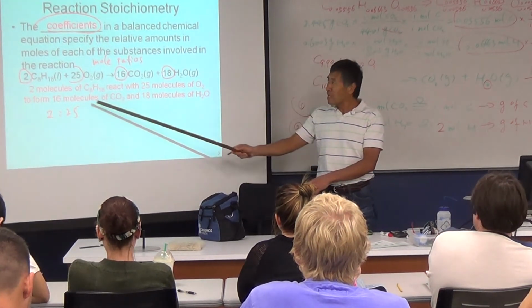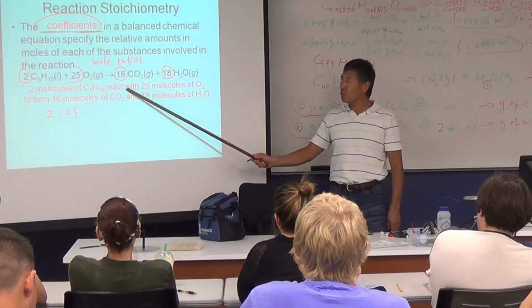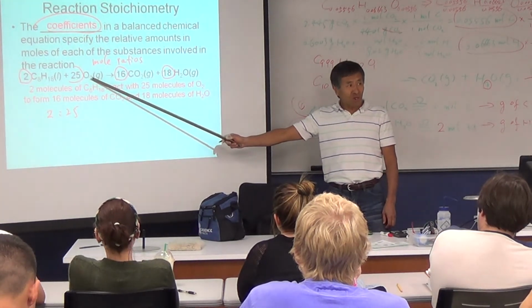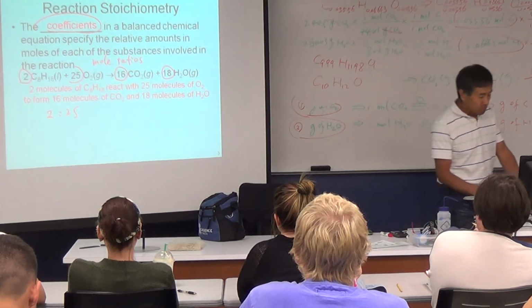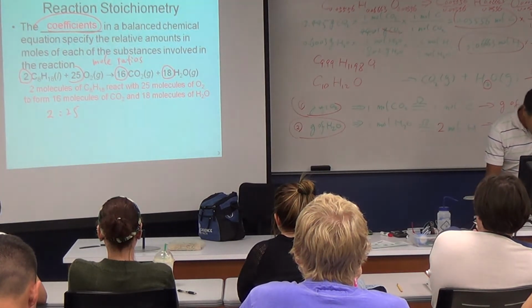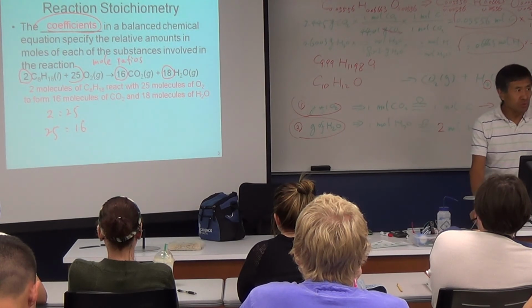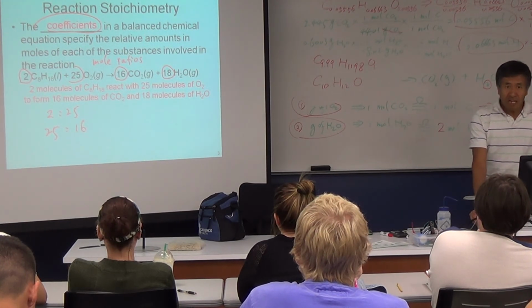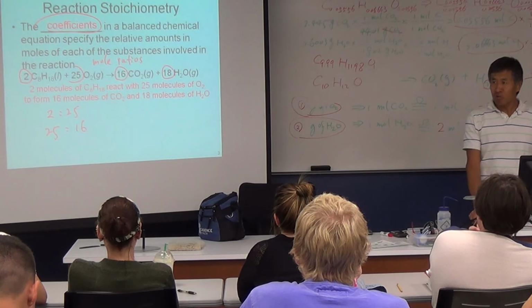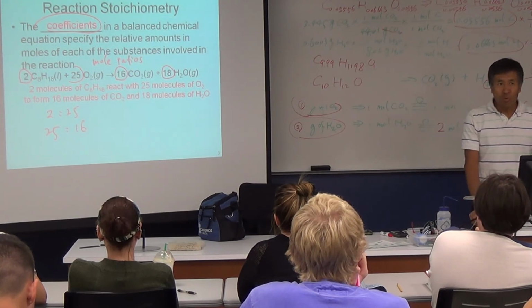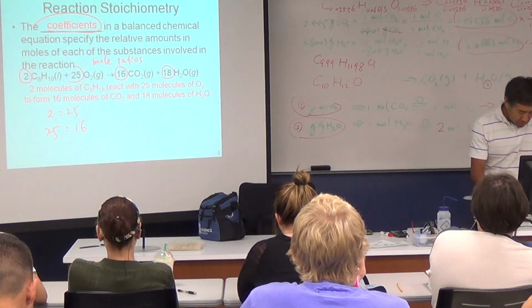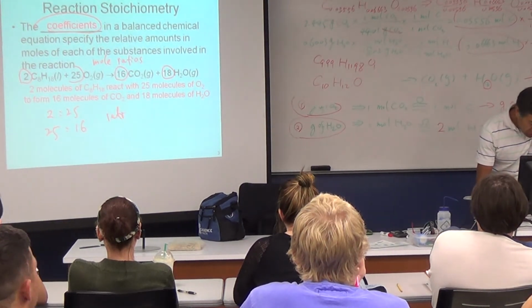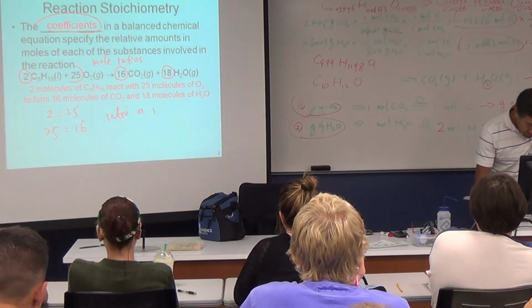If I want the relation between CO2 and oxygen gas, for another example, I will use the 25 to 16 ratio. You can choose any pair of formulas in the equation and find the ratio.